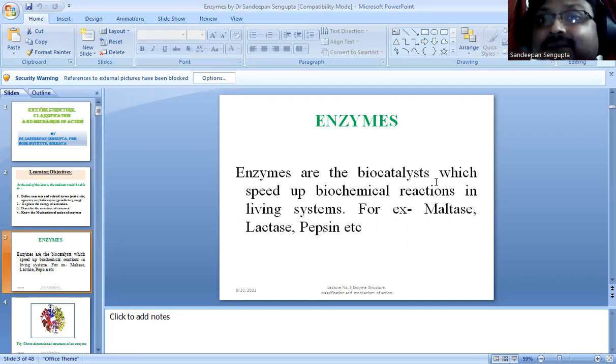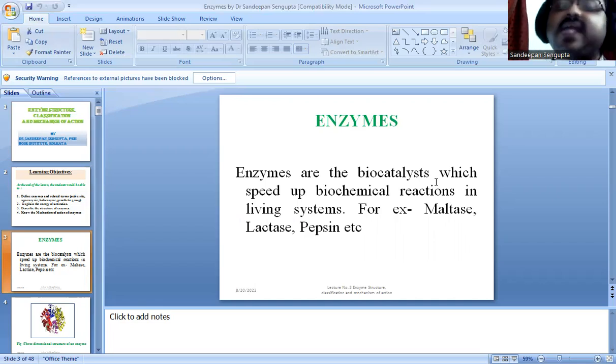And who are these biocatalysts? Yes, enzymes are these biocatalysts. Enzymes are nothing but the biocatalysts which speed up or accelerate the biochemical reactions occurring inside your body, that is cells, tissues, and organs.